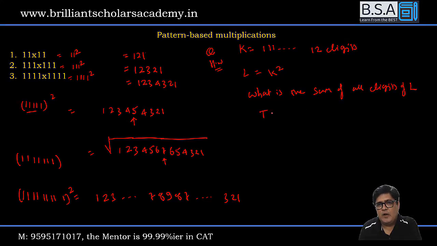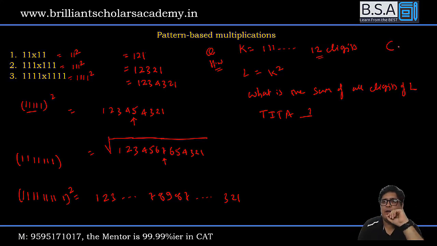It's a TITA question. What is a TITA question? You have to type your answer. You cannot guess from answer options. What is the sum of all the digits of L? That is your question. So take a screenshot of this or write down the question. I'm going to the next slide. I'm going to show you patterns. This pattern breaks at the 10th digit. So I've gone to what digit? 12 digit.